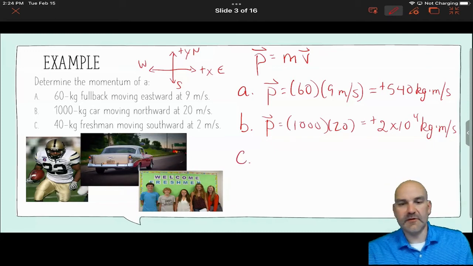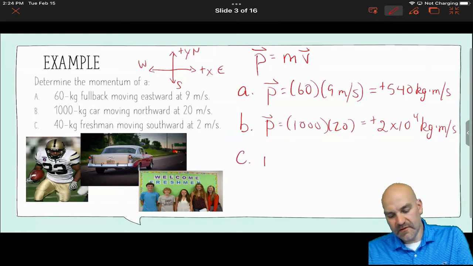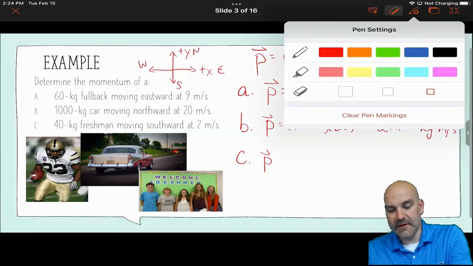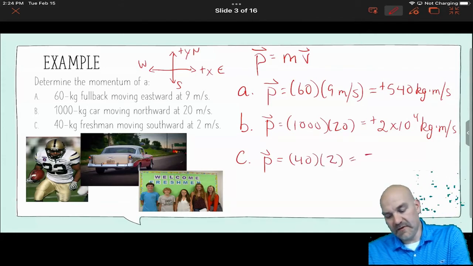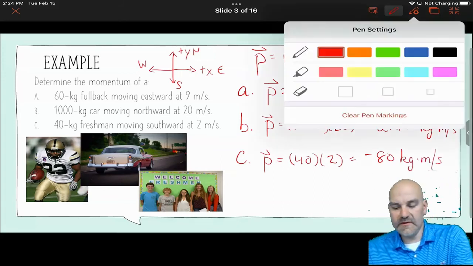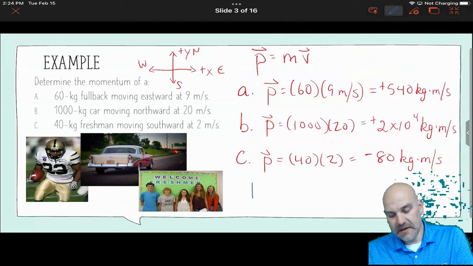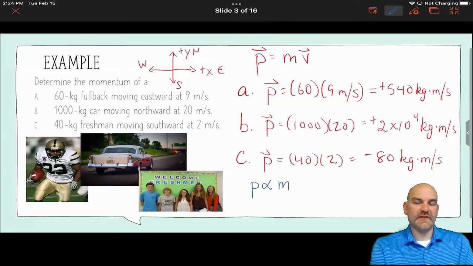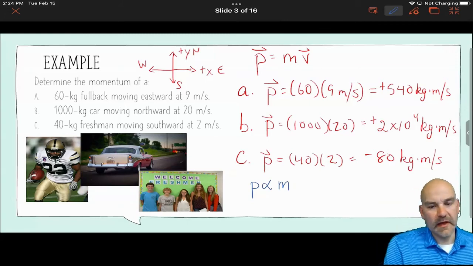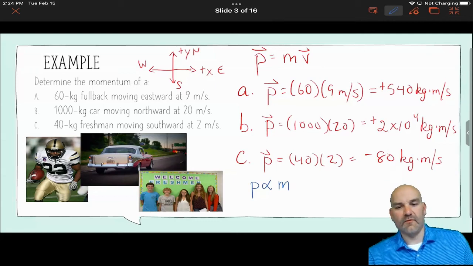Finally, the freshman going southward. We know this one is going to be negative because we've defined positive to be north. So we have a 40 kilogram freshman times 2 meters per second, which is negative 80 kilograms times meters per second. Something you see here is that P is directly proportional to mass: if I keep the velocity the same and increase or decrease the mass, P will react accordingly.